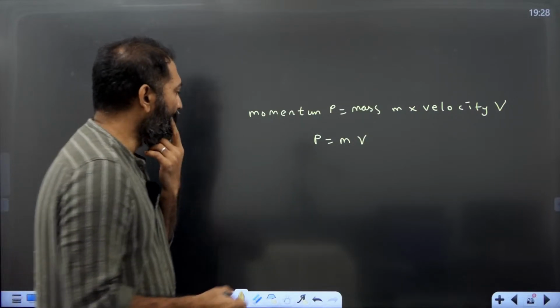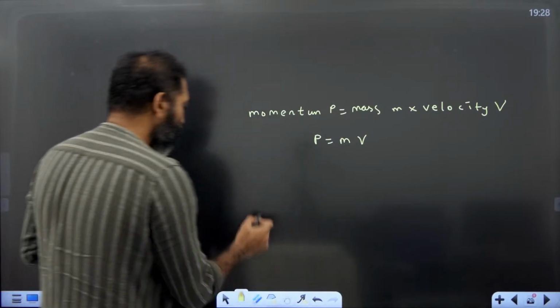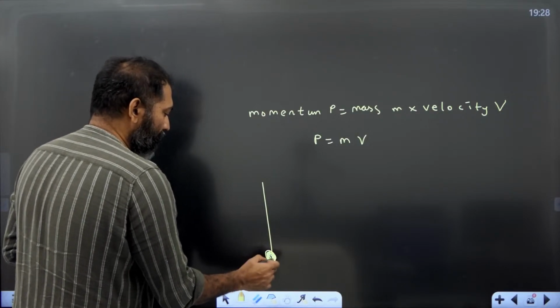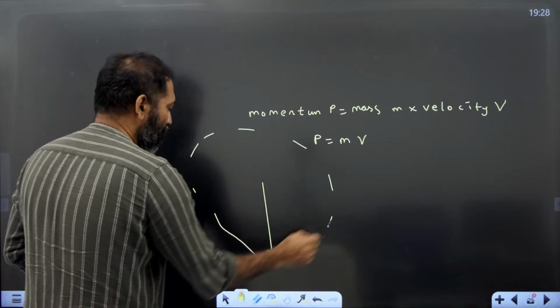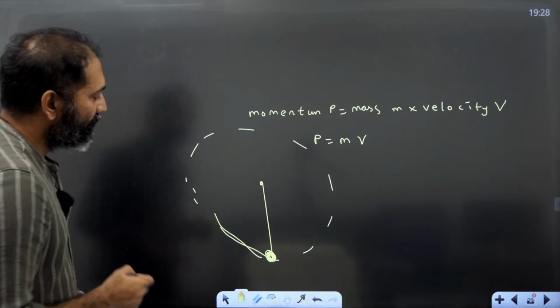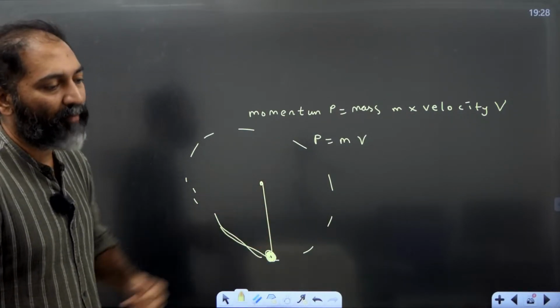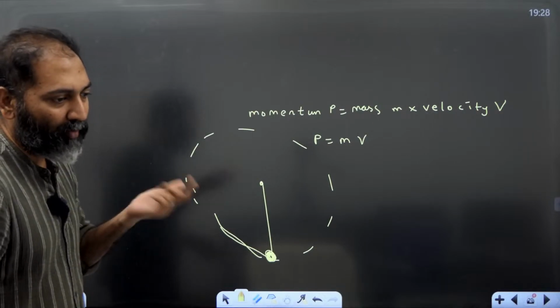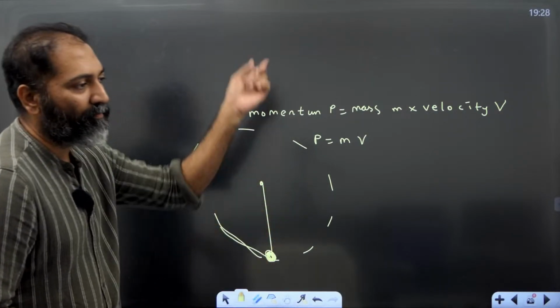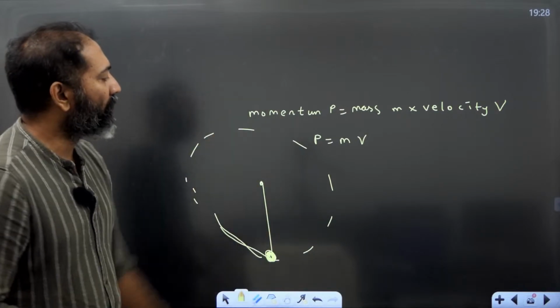If a stone is attached to a string and you are rotating this stone in circular motion, then that stone is also having momentum. That momentum is called angular momentum, because it is the momentum possessed by a body in rotational motion.